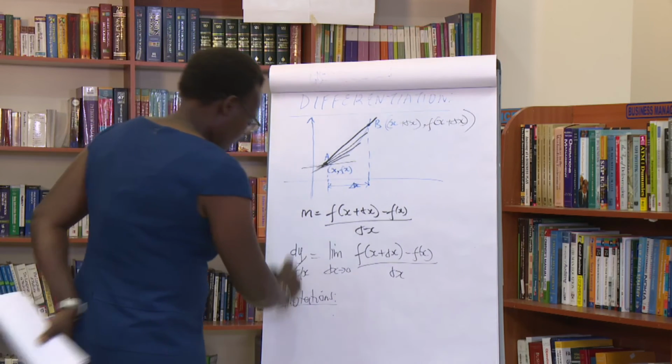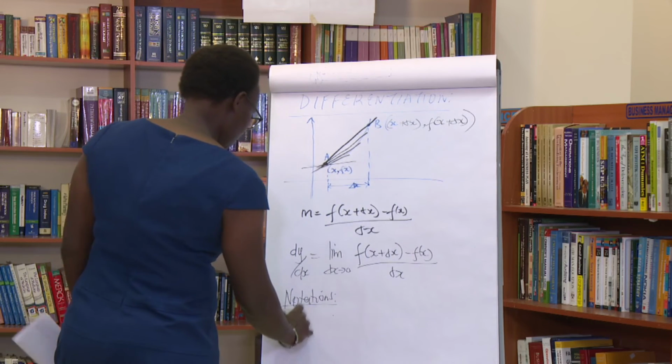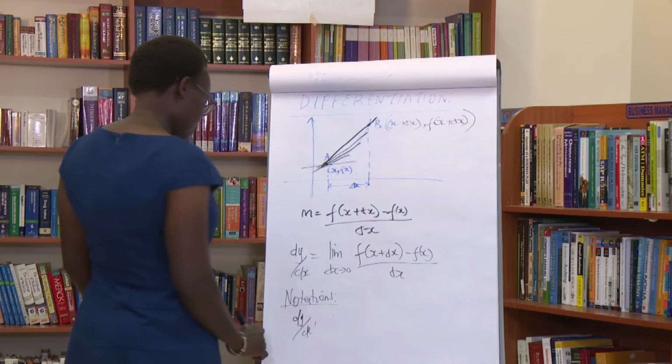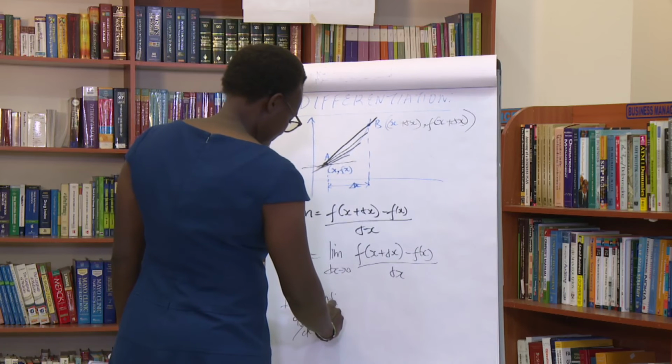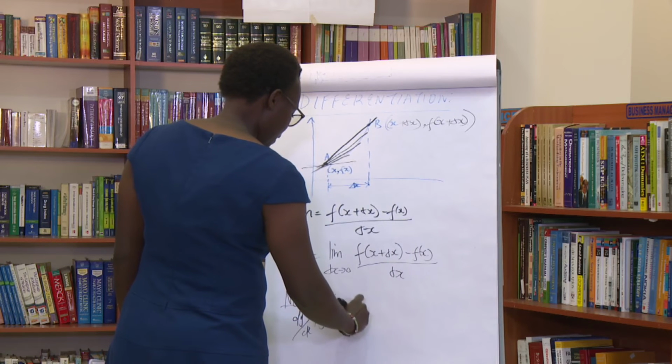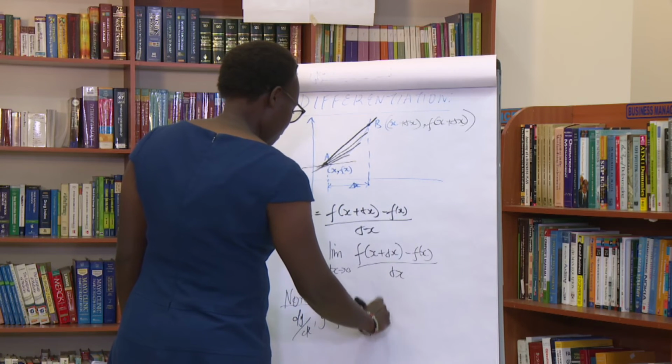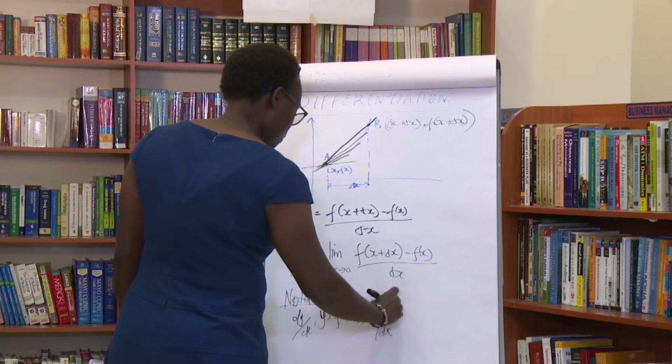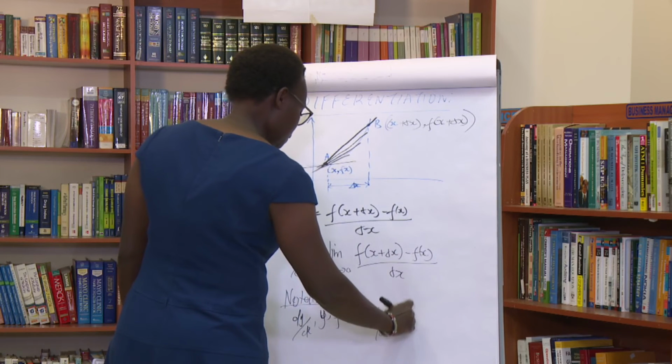derivative. So we have this first one that we've talked about, dy over dx, and then we have y bar. We have f bar of x. We have d of dx of our function f of x.